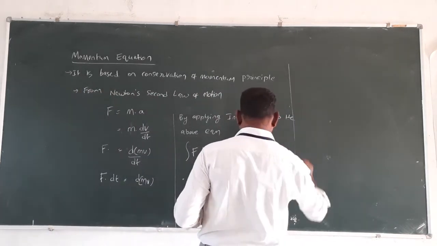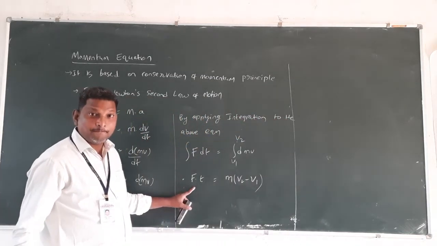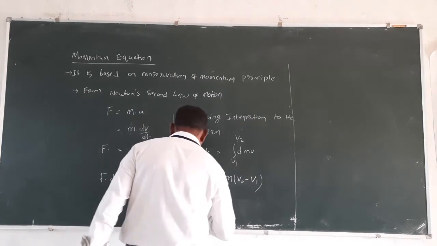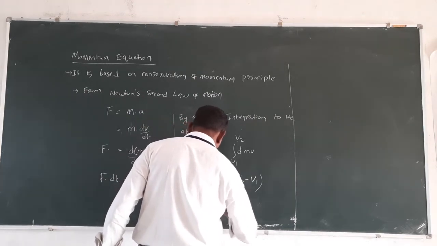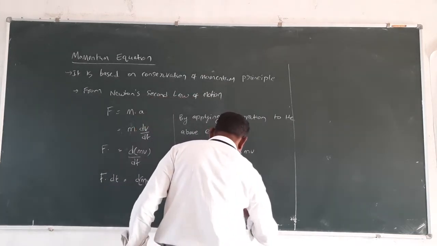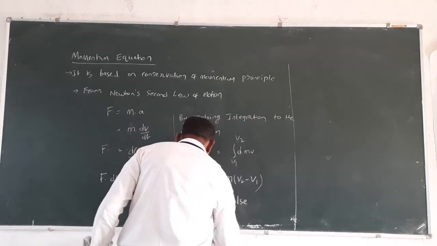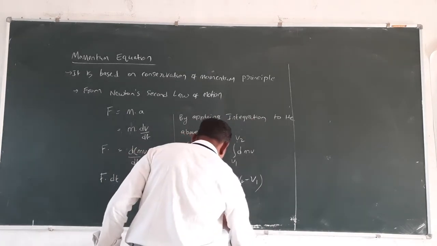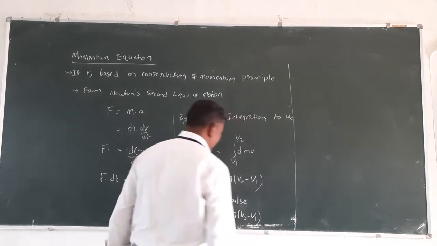Okay, next F into t is nothing but impulse. F into t, that is force multiplied with time, is called impulse. So I is equal to F into t is equal to m into (v2 minus v1).